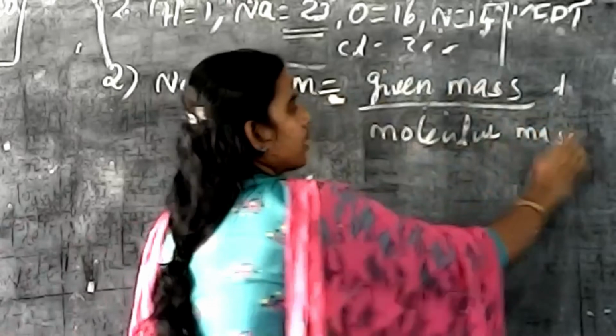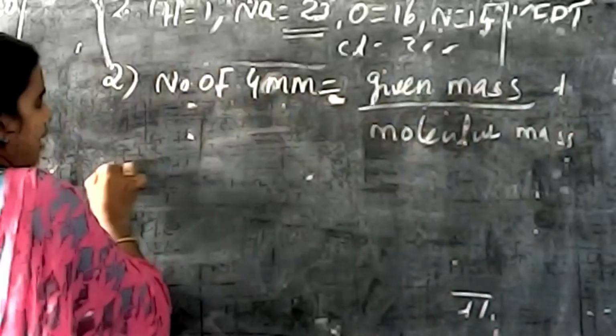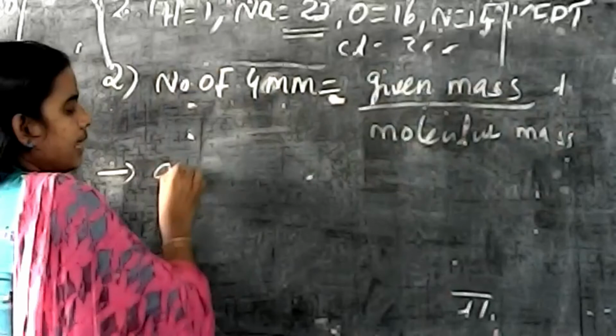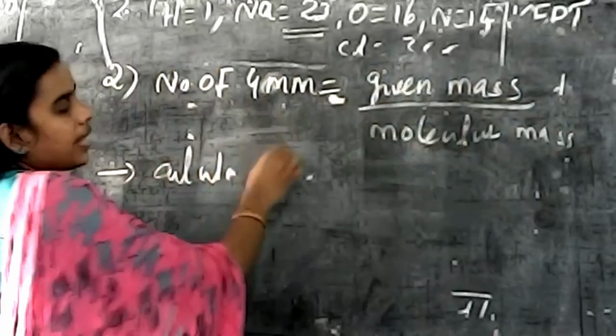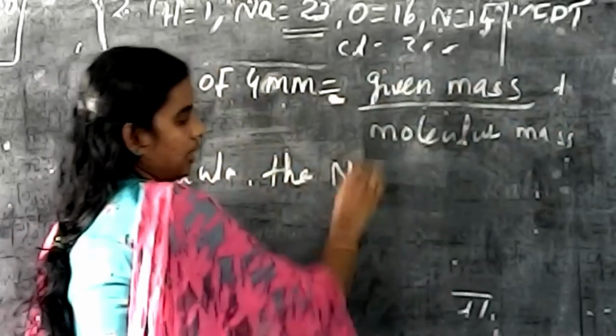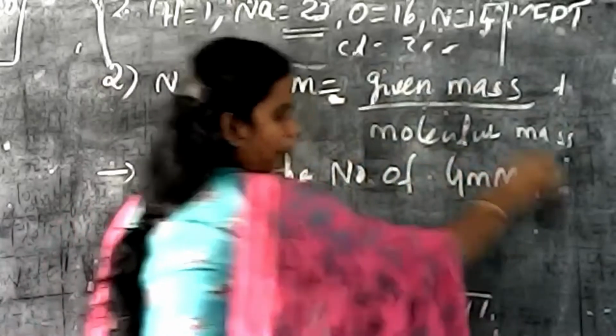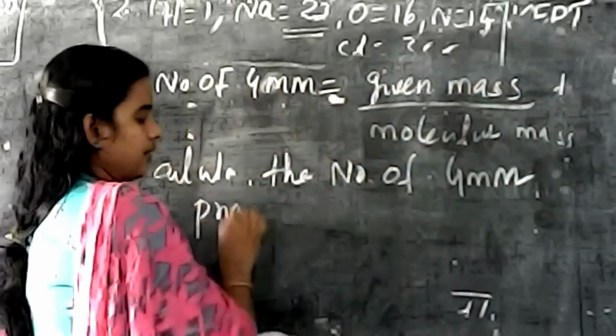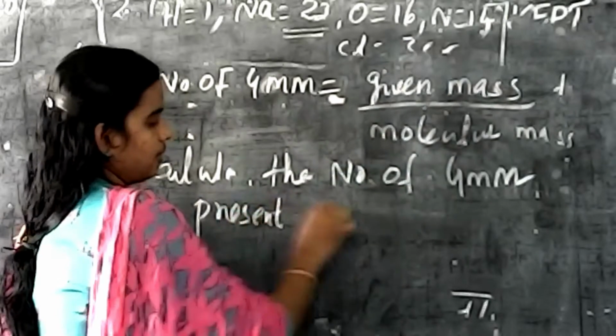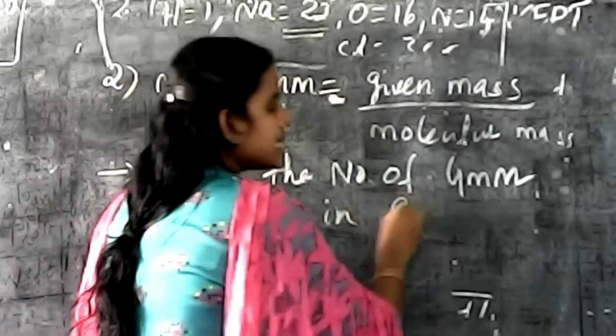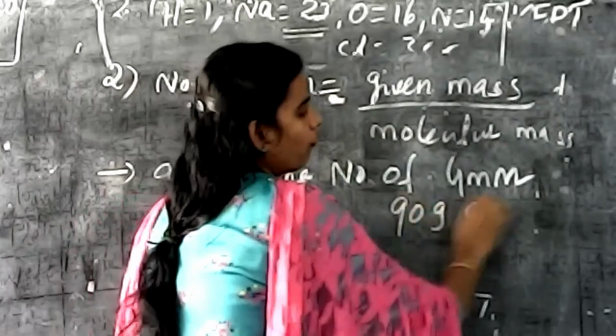Okay. So here is one example. Calculate the number of GMM present in 90 gram of water.